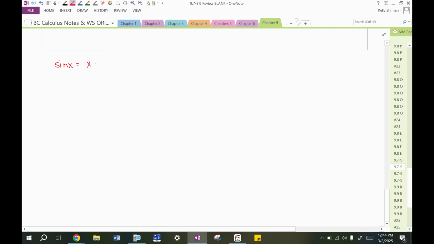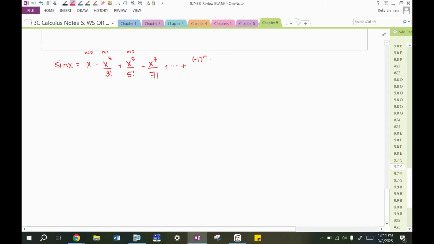So it starts with x to the first minus x to the third over 3 factorial plus x to the fifth over 5 factorial minus x to the seventh over 7 factorial plus dot dot dot plus the nth term is negative 1 to the n, because this is assuming we're talking about n equals 0, n equals 1, n equals 2.